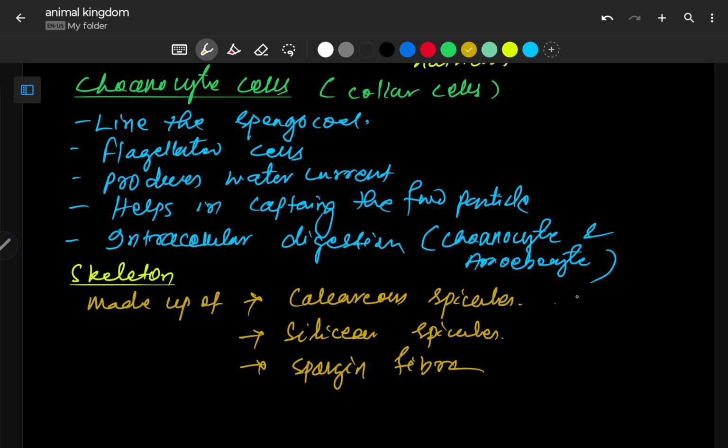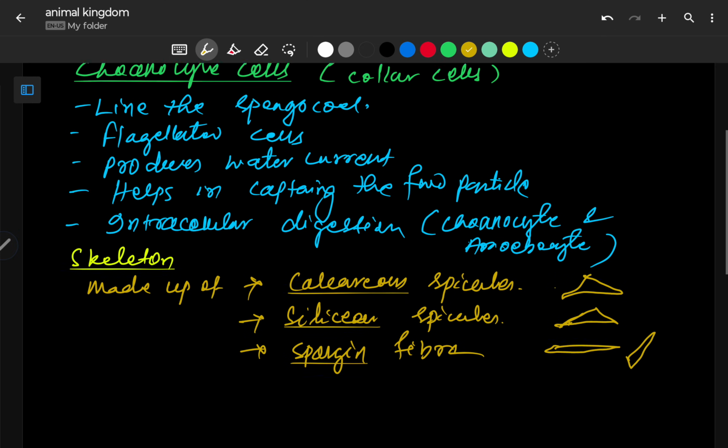ठीक है, ये जो स्पिक्यूल्स होते हैं ना, they are like this. ओके, और स्पॉन्जिन फाइबर्स are like this. ओके, सो they are made up of either calcium carbonate or silicon carbonate, और स्पॉन्जिन is a special fiber which forms the spongin fiber.